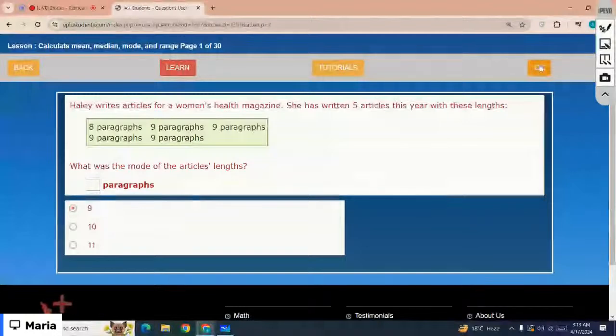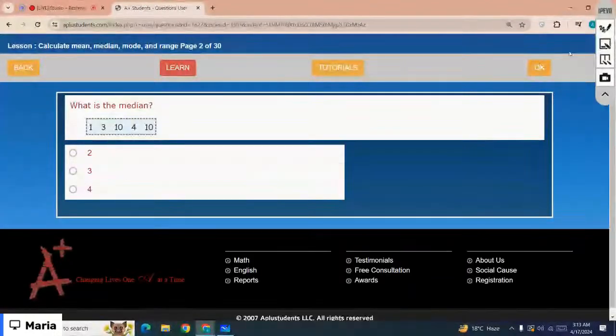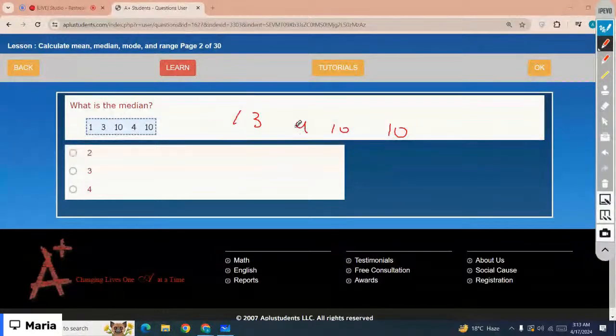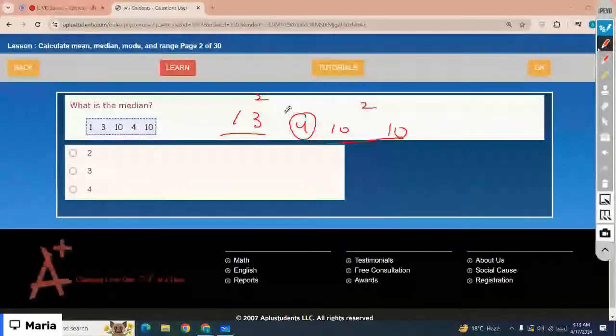What is the median? When you have to calculate the median, the first thing is you need to arrange the numbers from least to greatest. Then you have to find the middle number, the number that is exactly in the middle. Right before the median you have equal numbers, and right after the median, two numbers here and two numbers here. So the median is the number that divides the data into two equal groups.